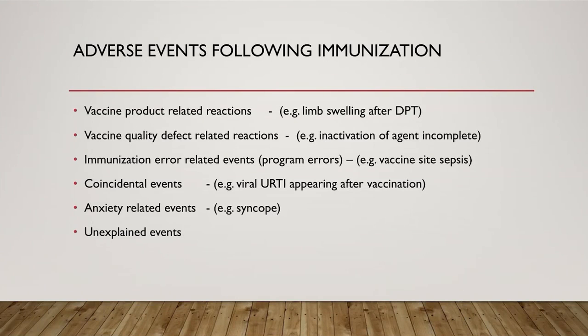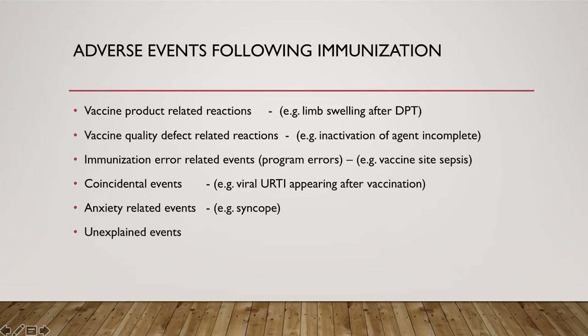For example, if you do not use proper aseptic practices during vaccination, you can get vaccine site sepsis. This has nothing to do with the vaccine. It is mainly because of an immunization related error.